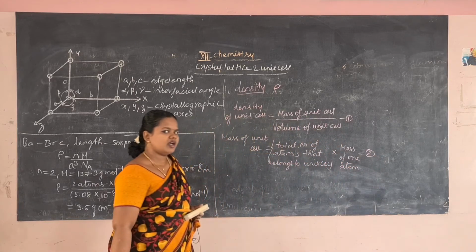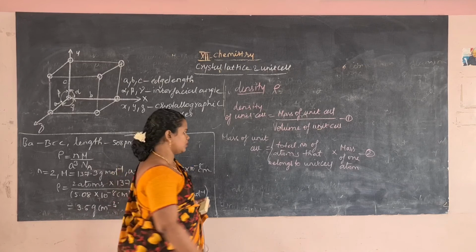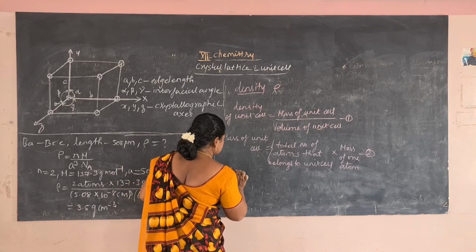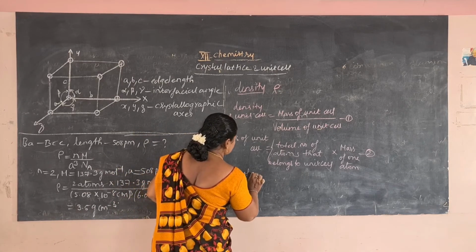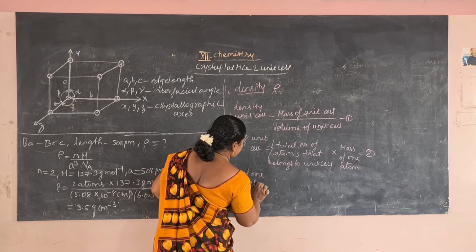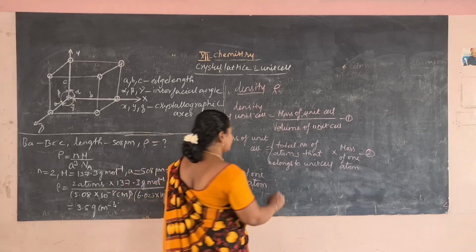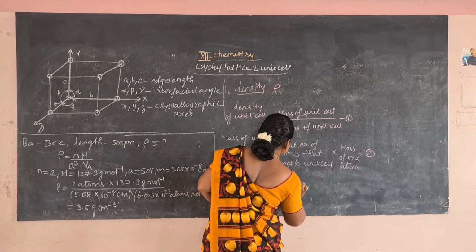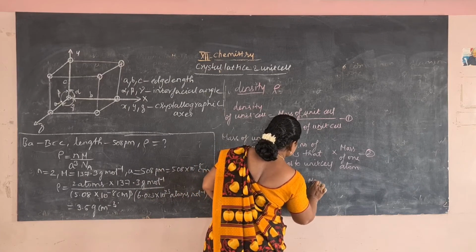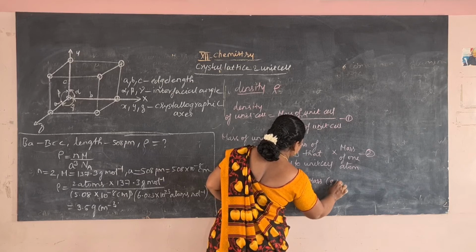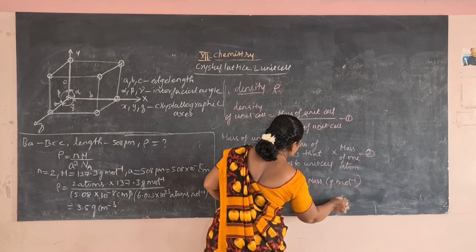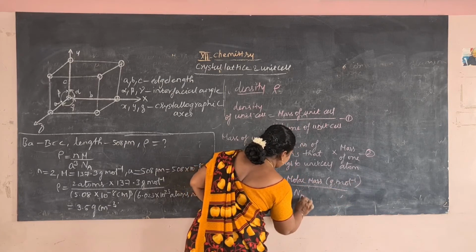And we know that mass of one atom will be equal to molar mass in gram per mole divided by Avogadro number.